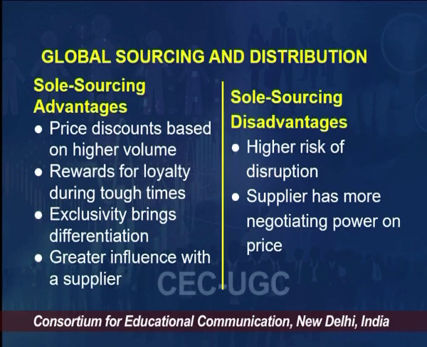So this disadvantage can be there, but once it comes to the surface, you can decide that henceforth we shall not be relying on sole sourcing. You have all the right to have multiple vendors for your supplies. So these are two disadvantages which can be counted when we talk about the possible disadvantages of single sourcing or sole sourcing.